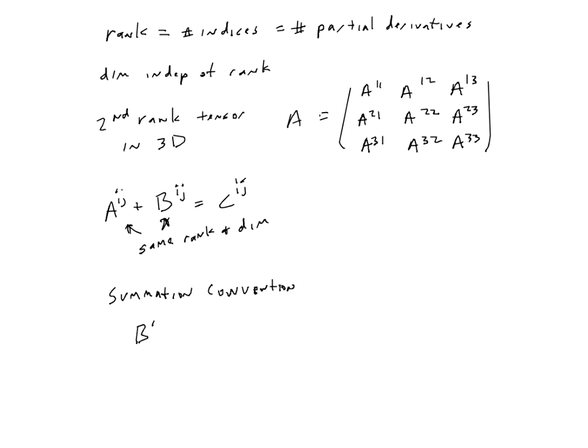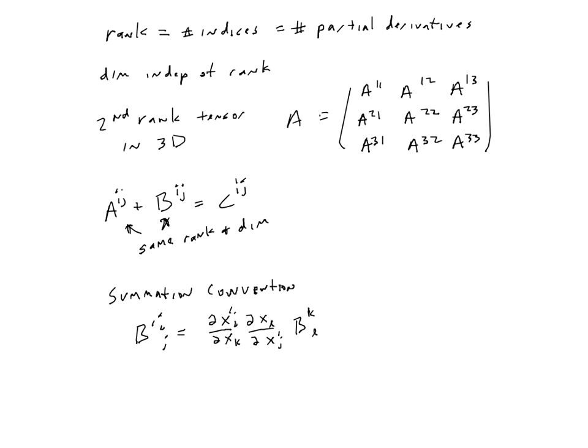In other words, you can write your transformation for that mixed tensor like this: partial x i prime with respect to x k, partial x l, partial x prime j, and then b k l.